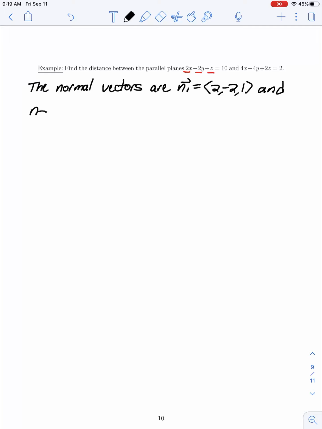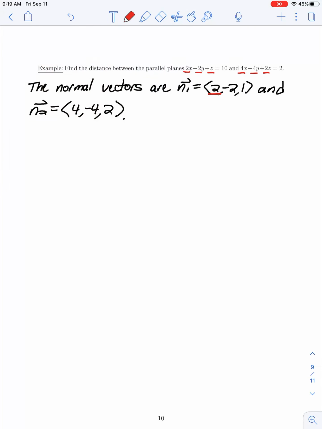And the normal vector for our second plane would be given by 4, -4, 2. And these two planes are parallel if their normal vectors are parallel. So let's show that they are parallel.